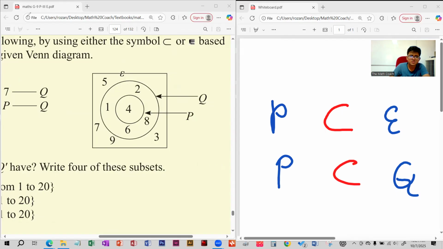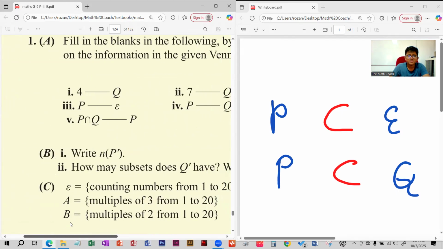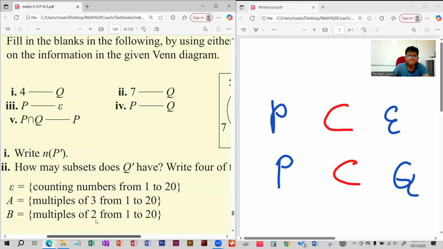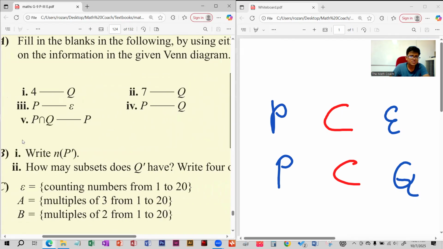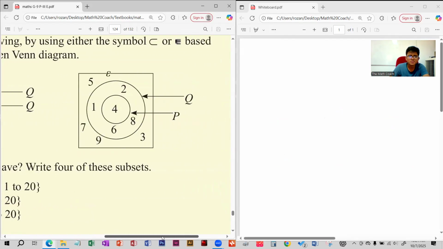What's the next question? P intersection Q and blank P. That's kind of hard. How do you take P intersection Q? What do you mean by intersection? Intersection means the common part. So the intersection of P and Q will be this part.